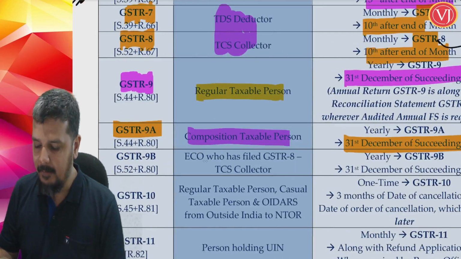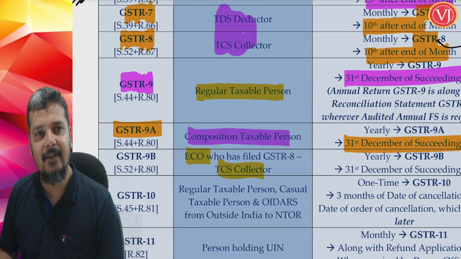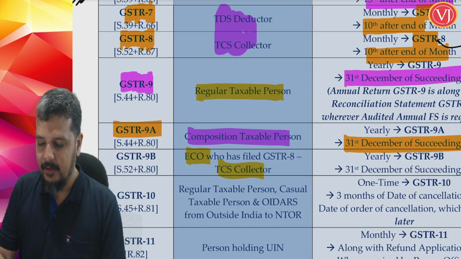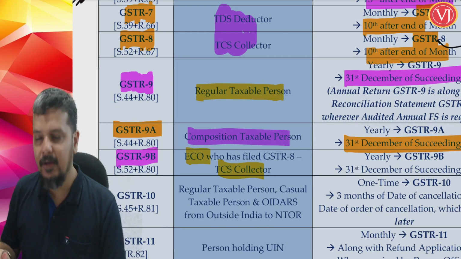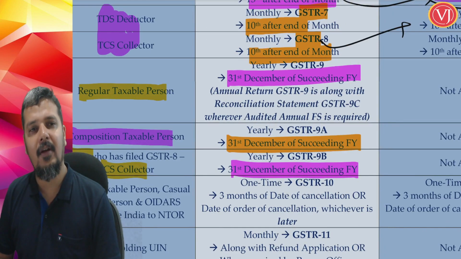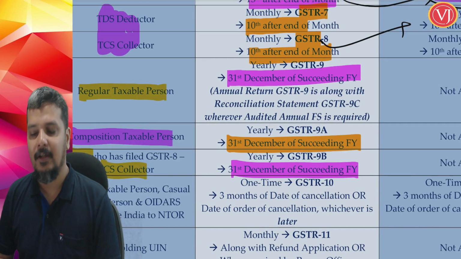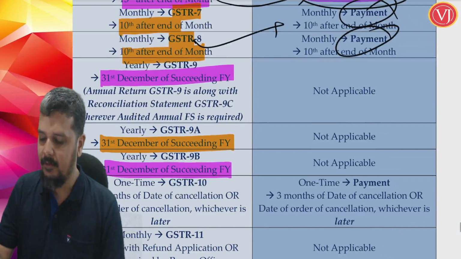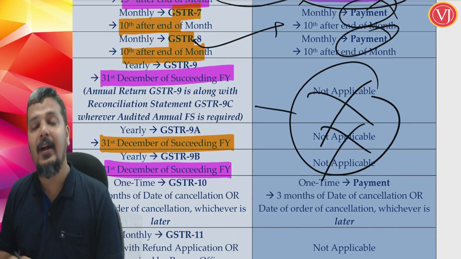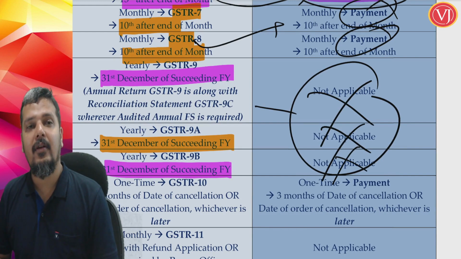An electronic commerce operator who is collecting TCS, in addition to monthly GSTR 8, will file GSTR 9B, the due date of which is the same, 31st of December of the subsequent financial year. Now, in all these three cases, you will find that there is no due date of payment. I am not trying to say that you will not make the payment.